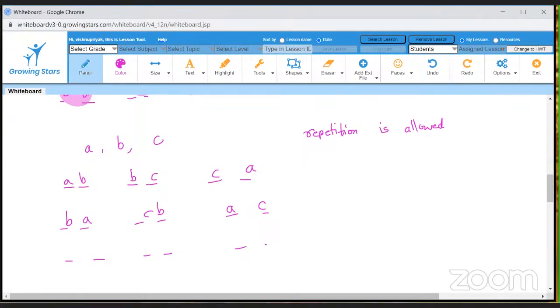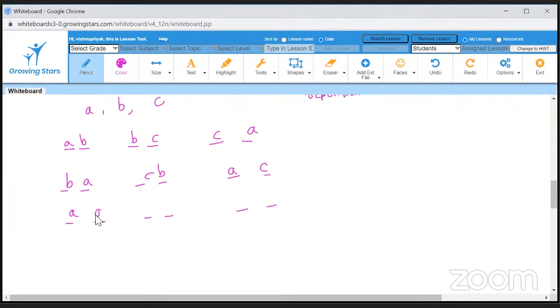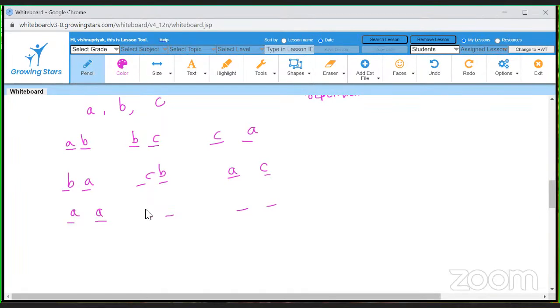What are the 3 different ways? I can take A only 2 times, I can take B only 2 times, I can take C only 2 times.